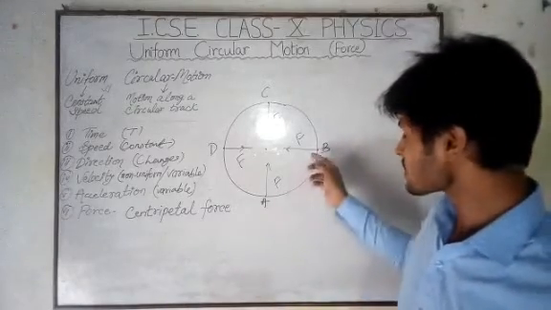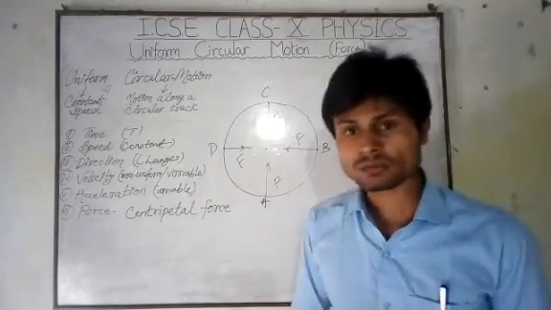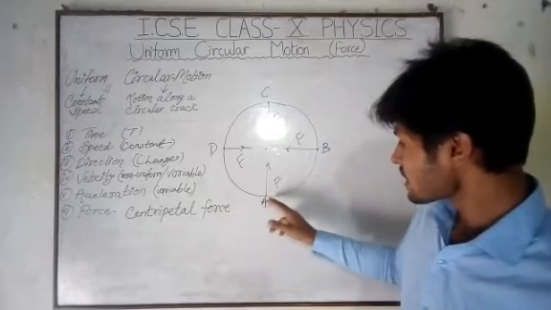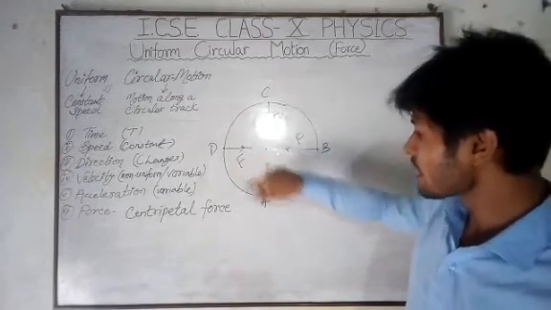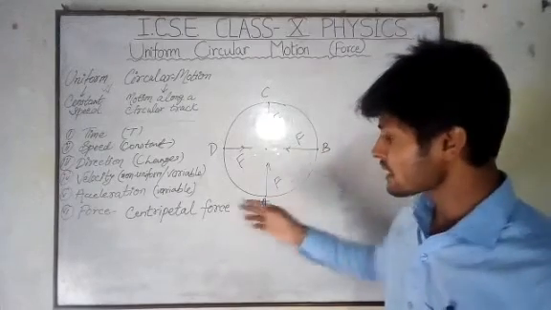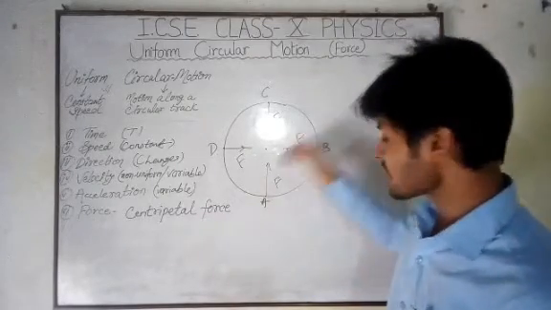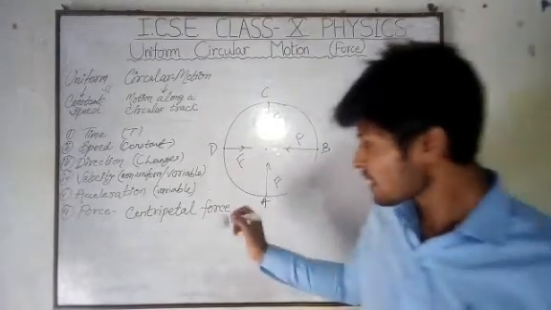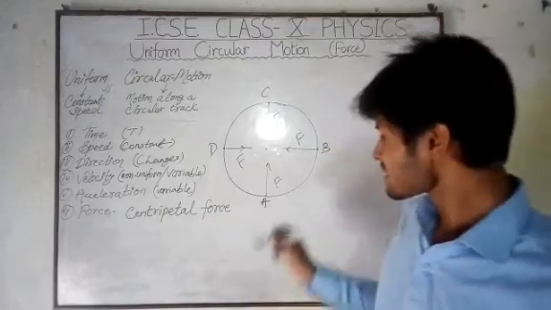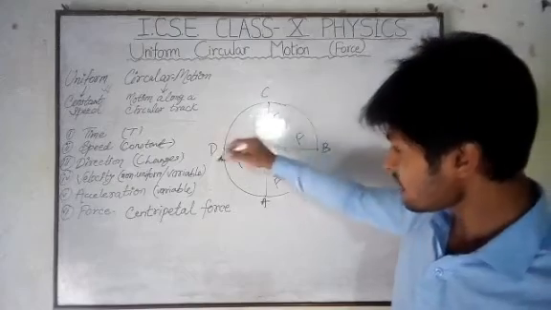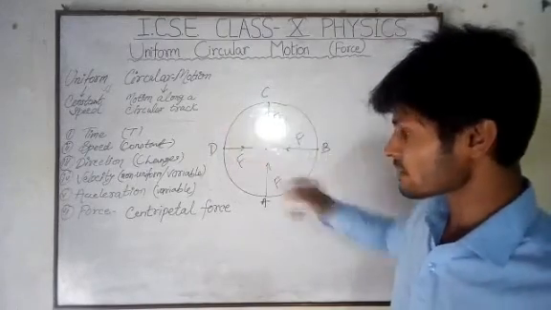The particle is seeking toward the center. The force is equal in magnitude at every point on the circular track, but at every point the direction of the force is radially inward. So this centripetal force causes the object to revolve around the circular track.